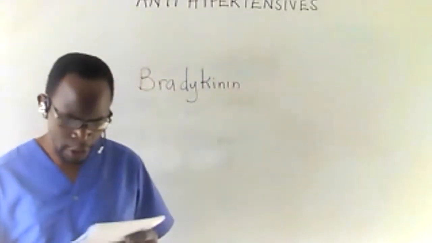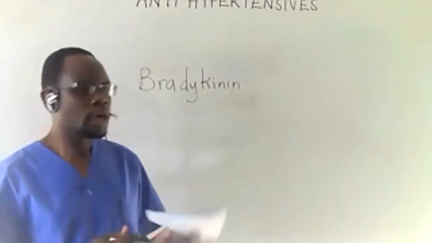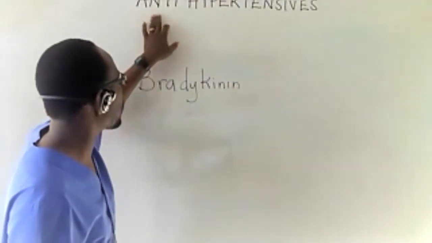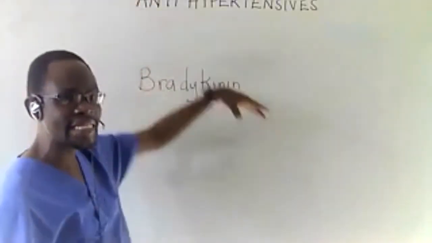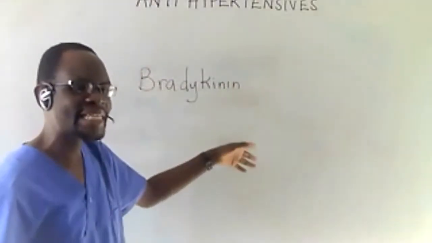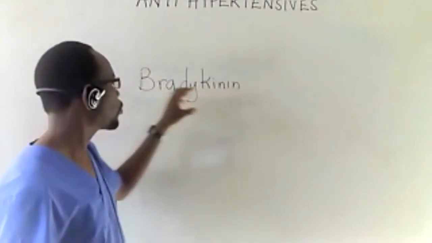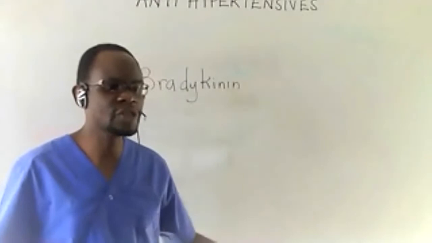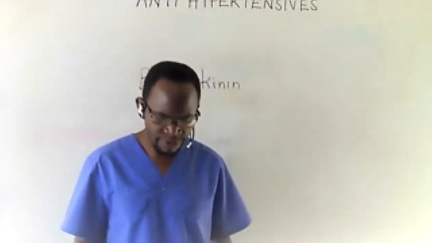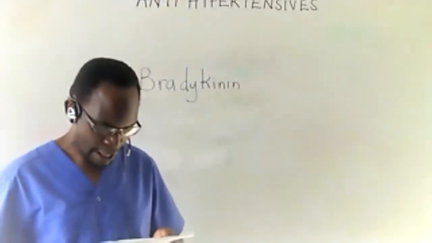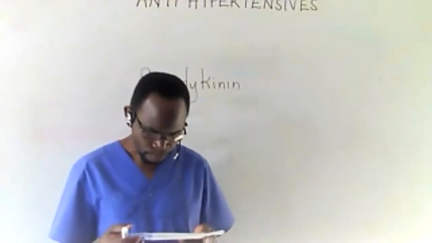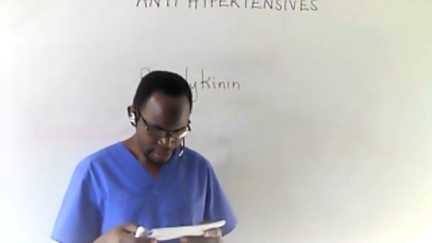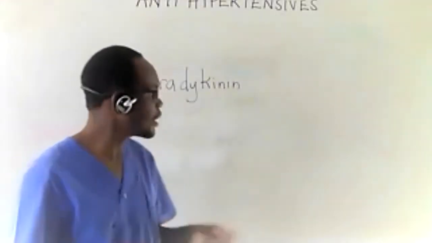So if angiotensin converting enzyme is inhibited, it will also not break down bradykinin, and so we shall have vasodilation, and therefore we shall have a decrease in blood pressure.